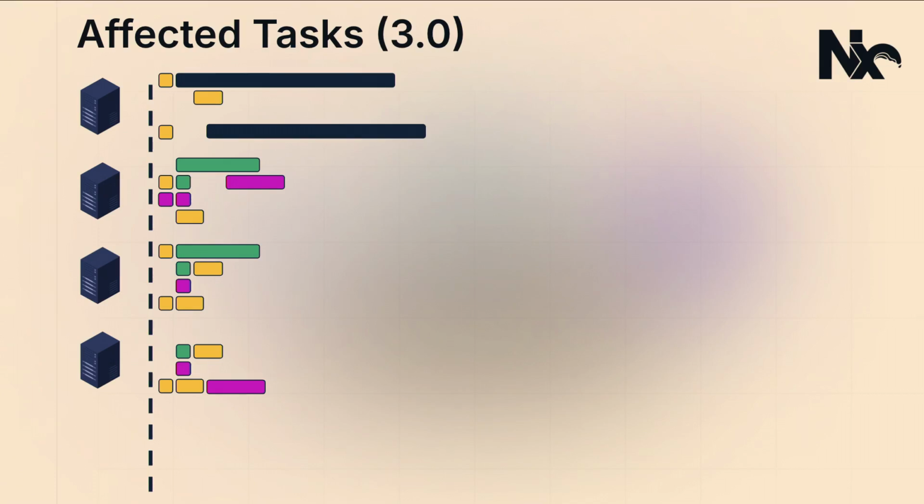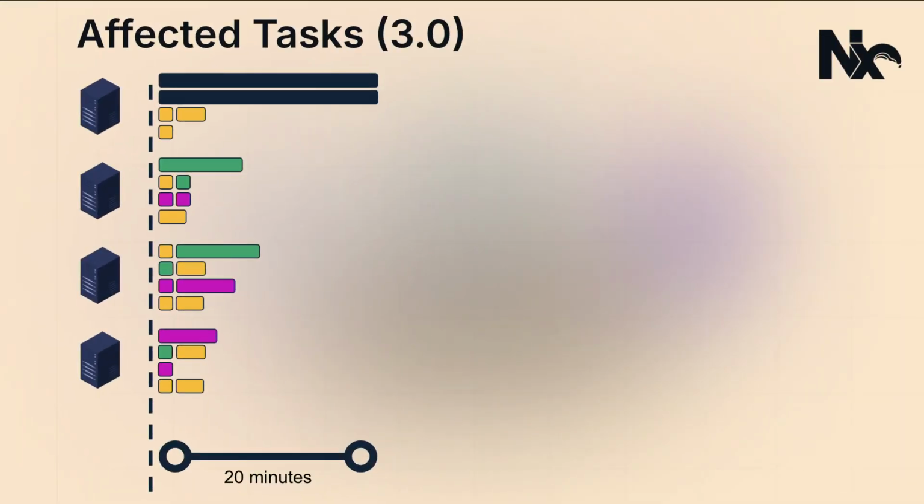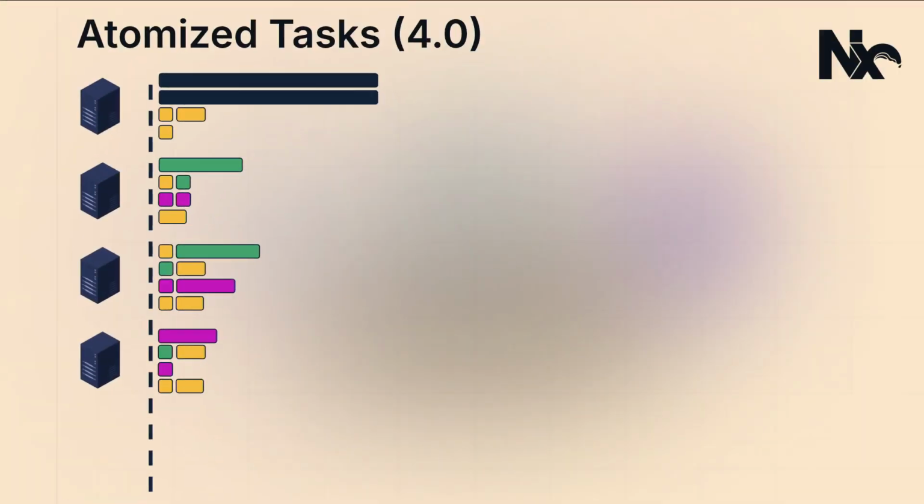Fewer tasks, less time, right? So if we jiggle these around, we can redistribute the tasks dynamically during the CI run, and this can go down to, let's say, 20 minutes. All right, but it's not going to get much shorter than that, is it?